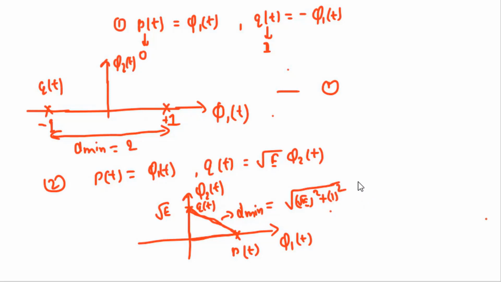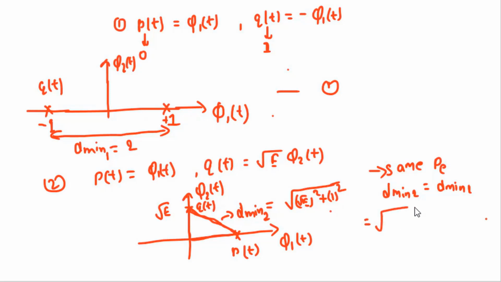So this d min should be equal to this d min for the same probability of error. For the same P E, if you assume this as d min 2 and this as d min 1, then for the same P E, d min 2 should be equal to d min 1.